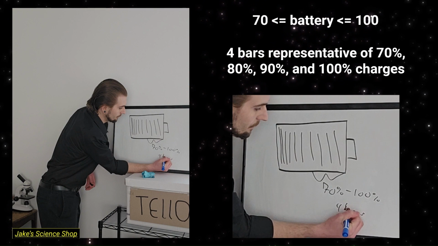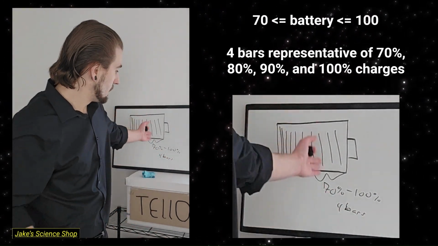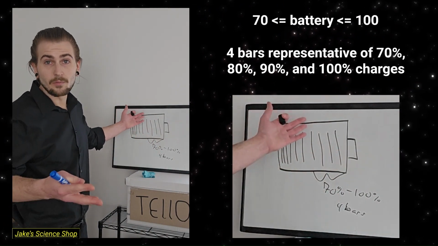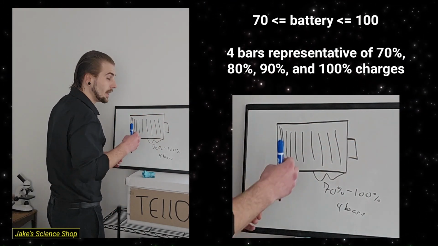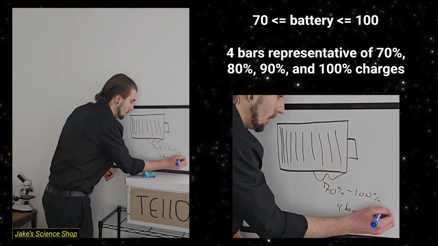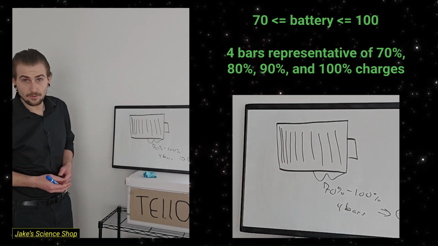Sorry about my writing. So we have 4 bars that will be representative of our 70% to 100% battery life. Let's have those be green. We'll just put a G there. All right, great, that's good.